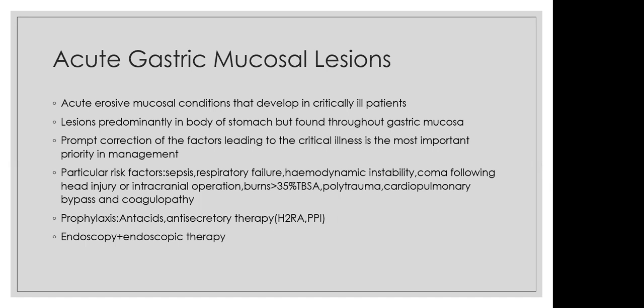So any patient who has any of these risk factors should be put on prophylaxis to avoid having to go into endoscopy and requiring endoscopic therapy. Also, surgery for these patients is not often feasible because they're usually critically ill and are an anesthetic risk.